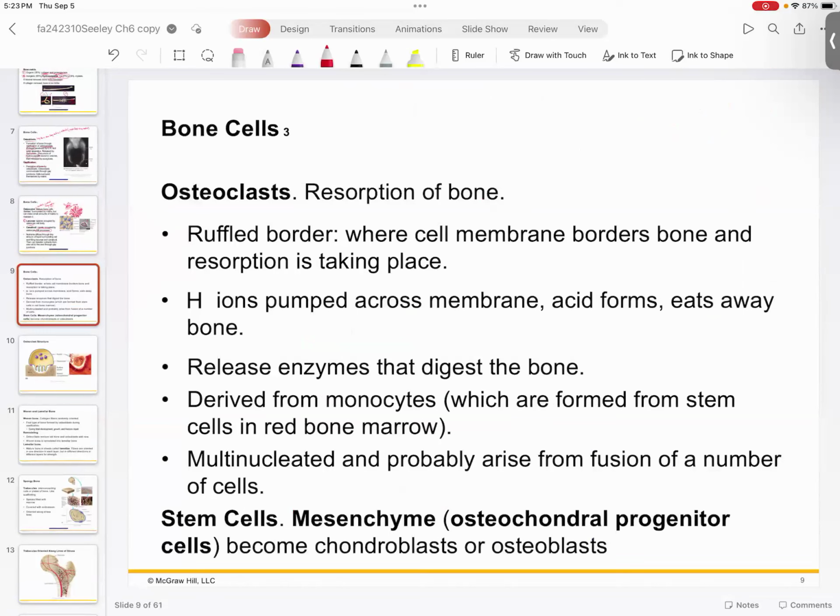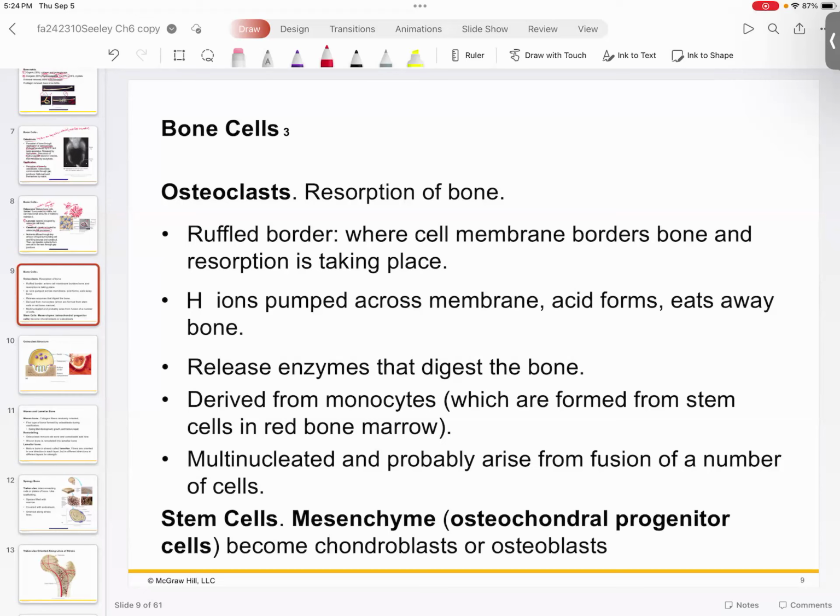The third type of bone cell you're going to see in the bones is the osteoclast. We have talked about the clast cells before, but the clasts have a really big role. Osteoblasts lay down new bony matrix. Osteocytes maintain existing bony matrix in existing cells. Then osteoclasts resorb bone.